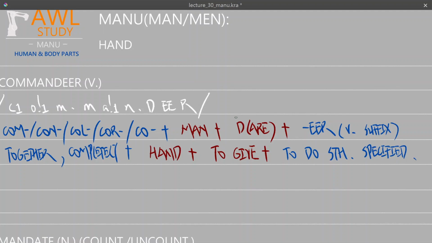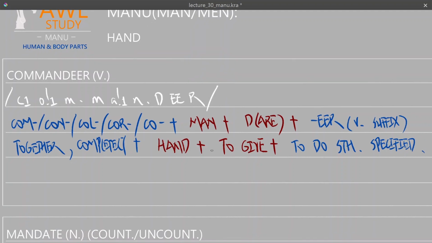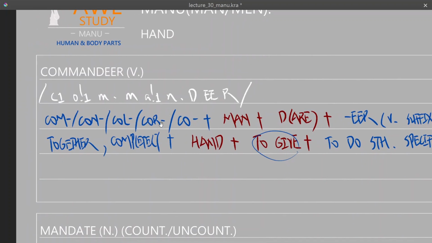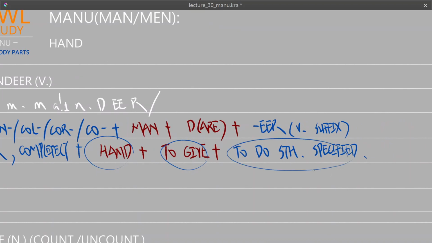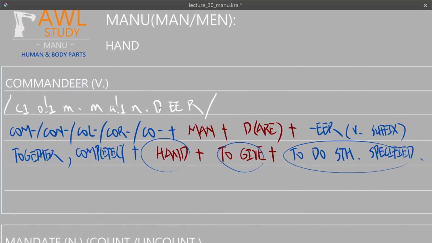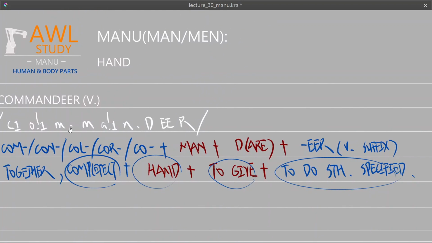Alright, so commandeer literally means what? It means to give your hands to do what? To control private property by force completely. That's it.